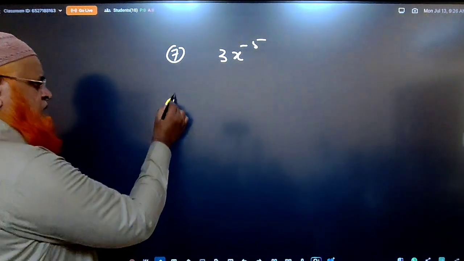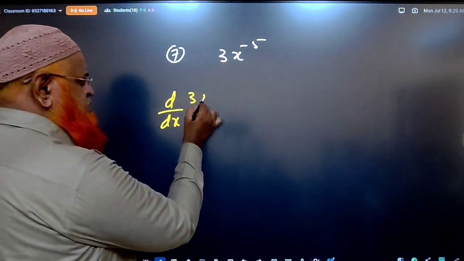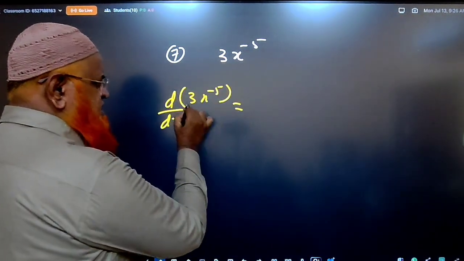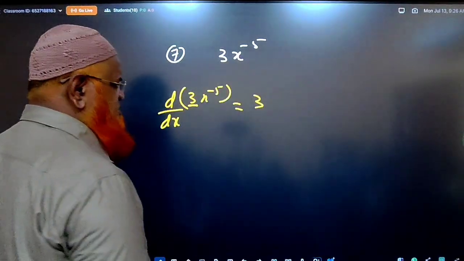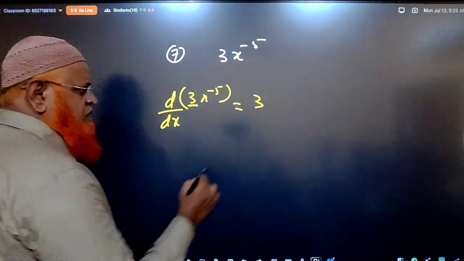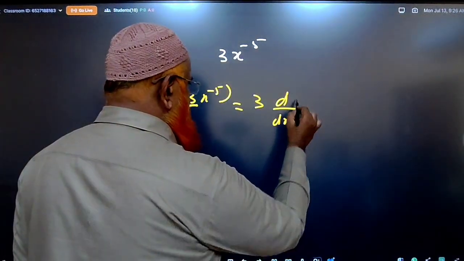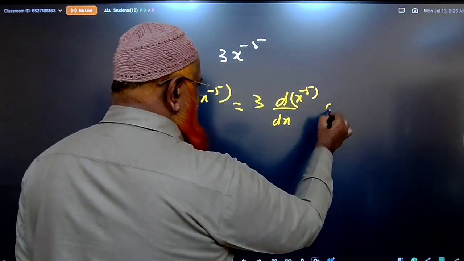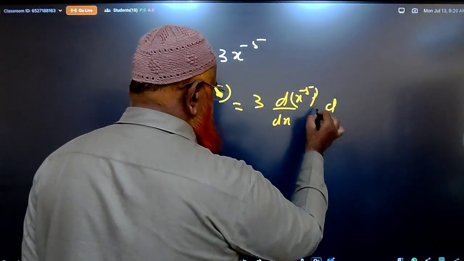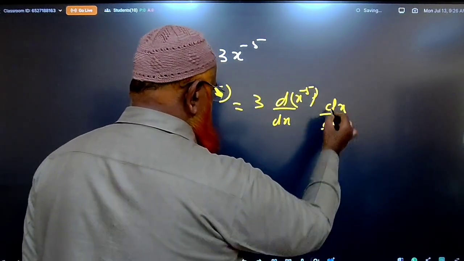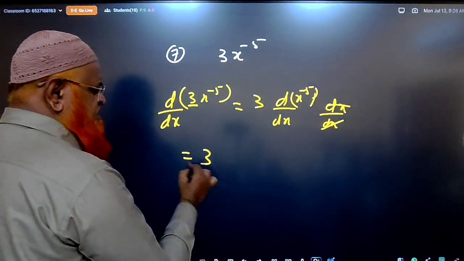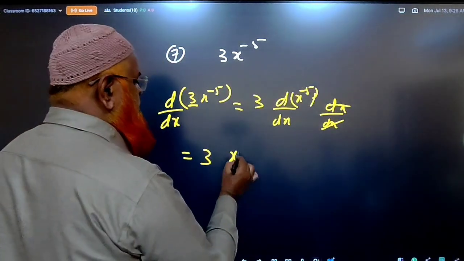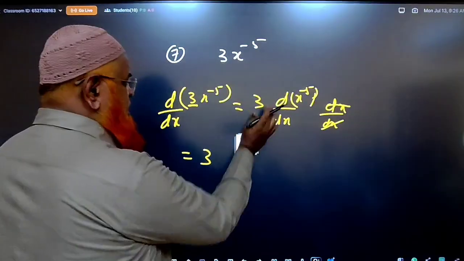Now what we'll do, d by dx of 3x power of minus 5 you take. See, this is going to be a constant. There is no differentiation for a constant. Keep it aside now and differentiate only d by dx of x power minus 5. Again, only x you have to differentiate separately. dx by dx is going to be 1 here. Then what is left here? 3 you keep like it. And this is x power of, what is that formula?